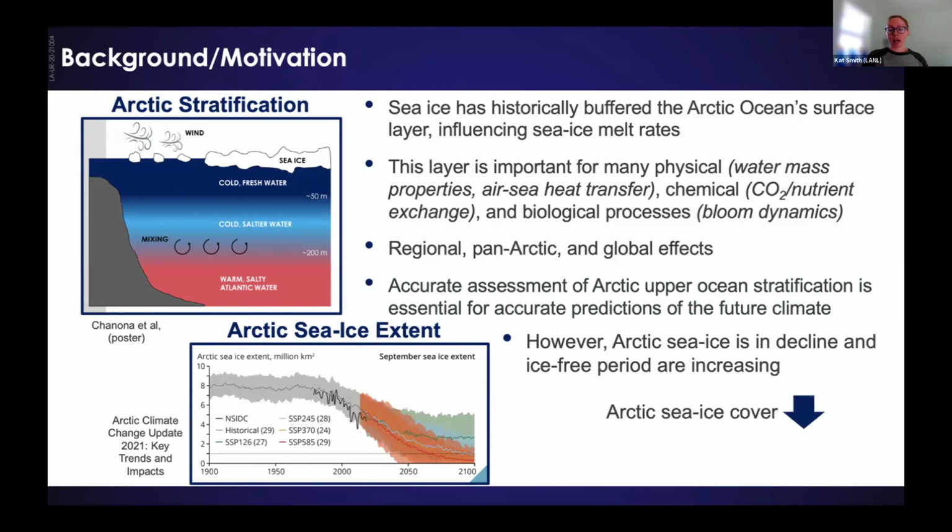And we know this. And so as Arctic sea ice cover declines, its exposure to the atmospheric forcing is going up. And so a question to ask would be, how is that going to impact the vertical exchange of heat and nutrients from below into the surface layer of the ocean? And then how is that in turn going to affect sea ice melt rates?